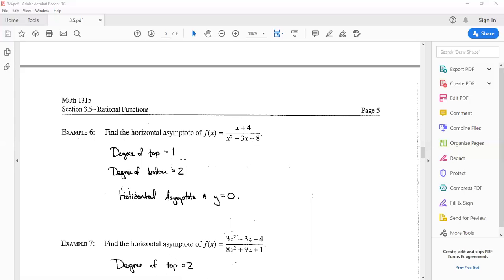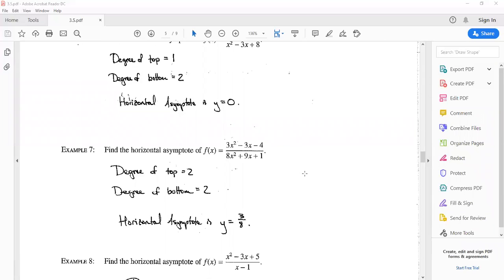The degree of the numerator is smaller than the degree of the denominator, so the horizontal asymptote is y equals 0. The idea here is that as x goes to infinity, x plus 4 is going to be smaller than x squared minus 3x plus 8. What dominates is the x squared on the bottom. If we have something big that's divided by something much, much bigger, then that value is going to tend to 0.